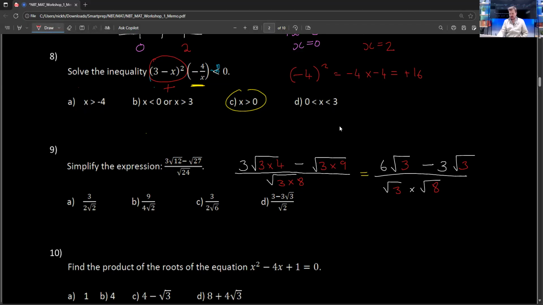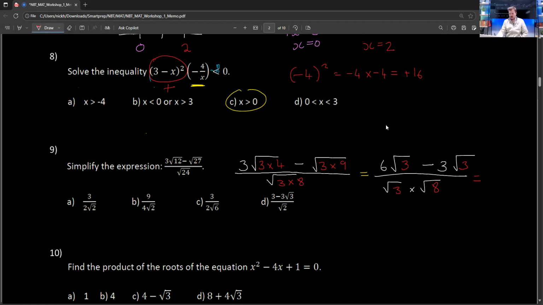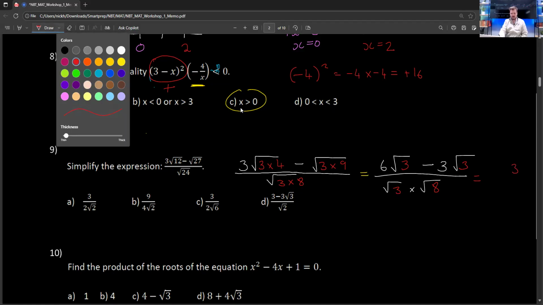What I'm saying is I take a 3 out at the top and it'll cancel with the bottom. But before I do that, I'm going to just say 6, because do you see the root 3 and root 3 are both the same? So it's like apples. 6 apples minus 3 apples will give us 3 apples. So I'm just going to make that 3 root 3.